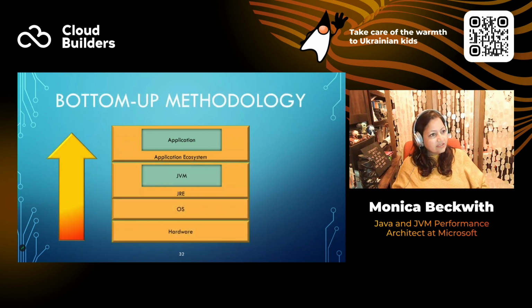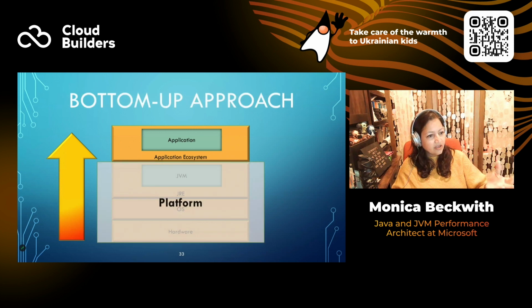The next is the bottom-up methodology. Again, we will bring the same analogy, like you have the application, but if there's anything in the platform that you want to improve. So for example, I have an application, but I want to plug in JDK 17 now. I'm already at JDK 11. I want to plug in JDK 17. That's when you try the bottom-up approach. Anything that you want to change at the platform level or anything you want to test and improve at the platform level.